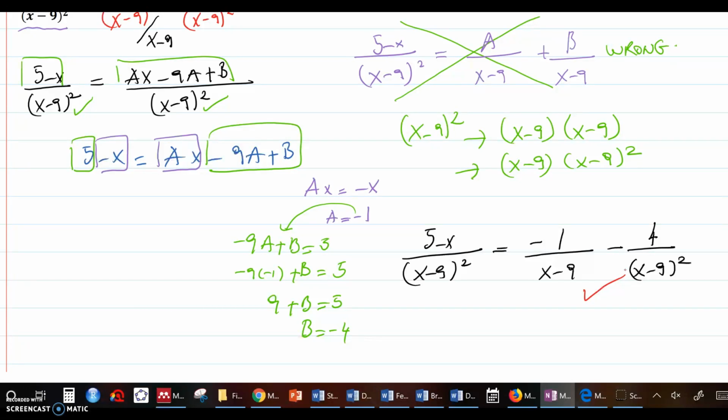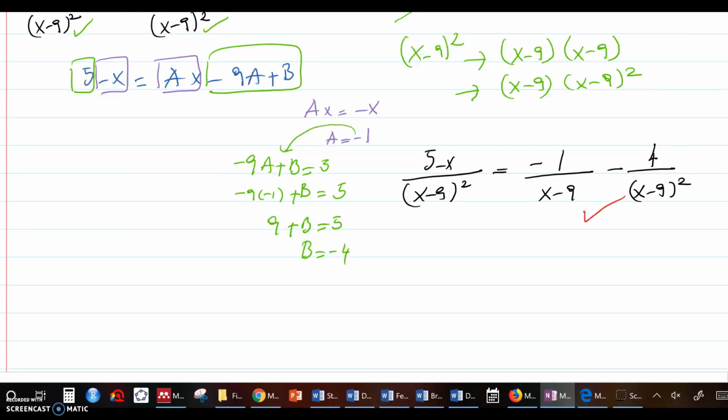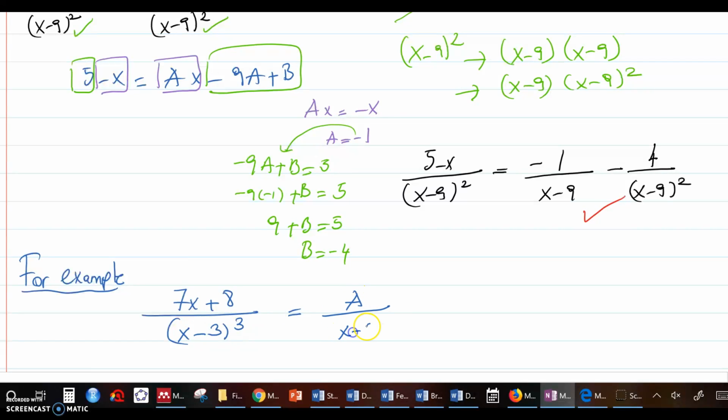And if you answer it, I believe you will get the correct check mark from the Web of Science. So once again, had we something like 7x plus 8 over x minus 3 cubed, a different example, we would try to decompose it that way.